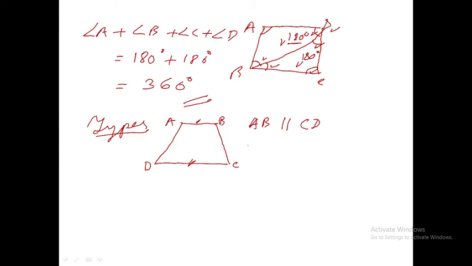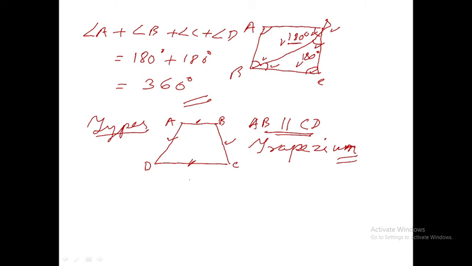Then we get a trapezium. We call the quadrilateral a trapezium. A trapezium has a pair of parallel sides, and these two sides are called non-parallel sides or oblique sides.